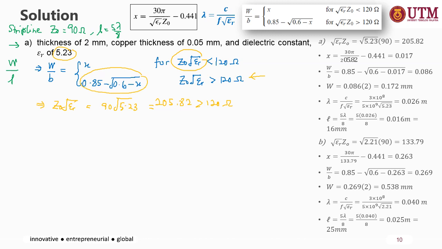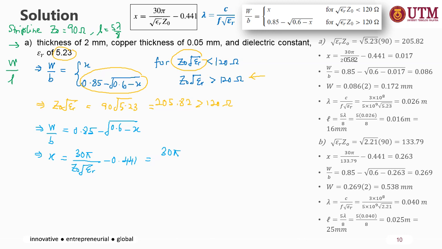So your W over B will be equal to 0.85 minus the square root of 0.6 minus x. Then what is x? You need to calculate x from the equation x equal to 30 pi divided by Z0 root epsilon r, minus 0.441.